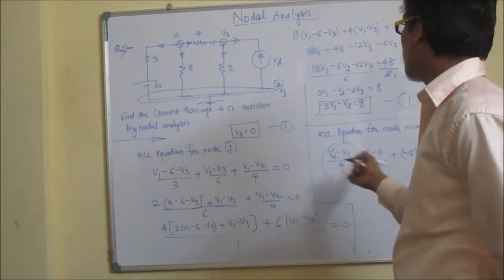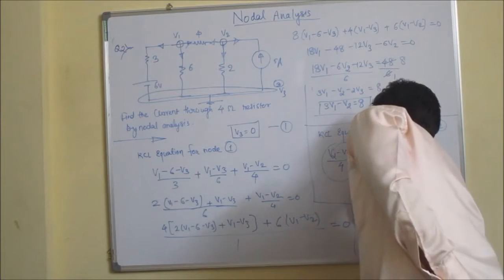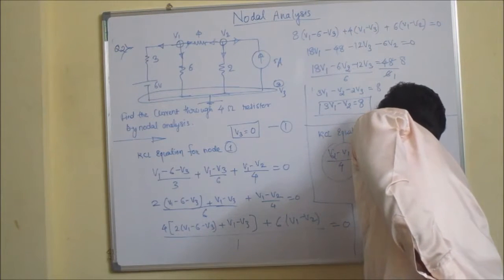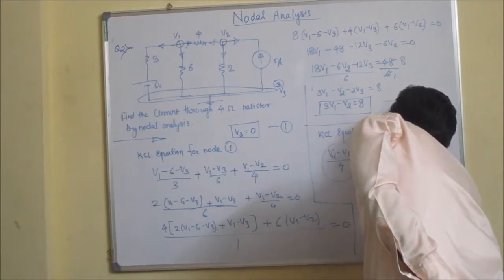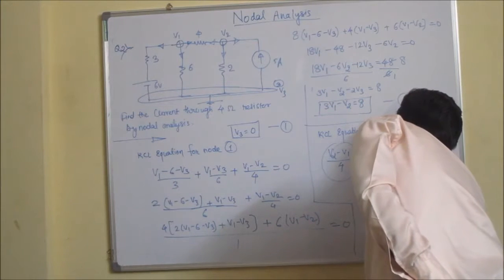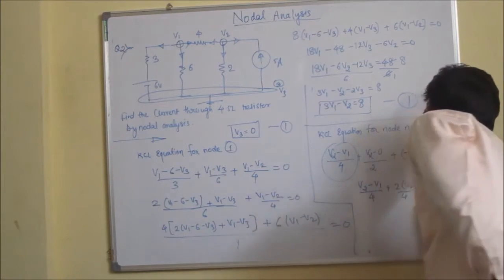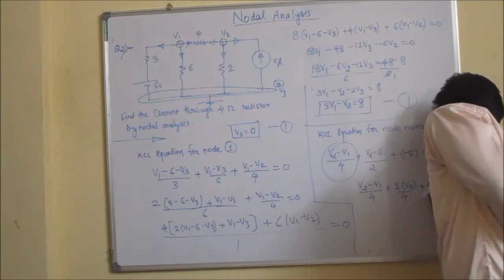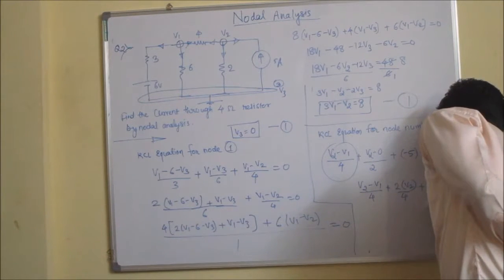Now just simplifying this. I'll make the denominator the same: V2 minus V1 by 4 plus 2 into V2 plus 4 into minus 5 by 4.